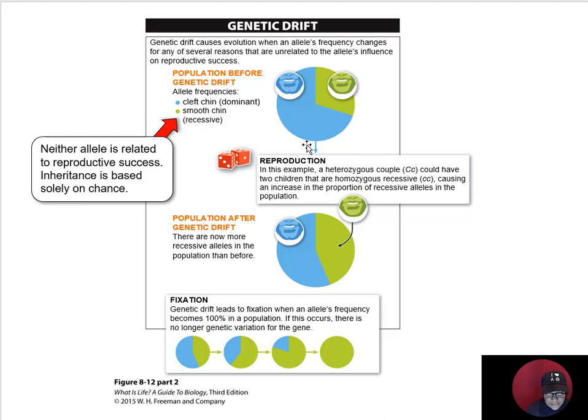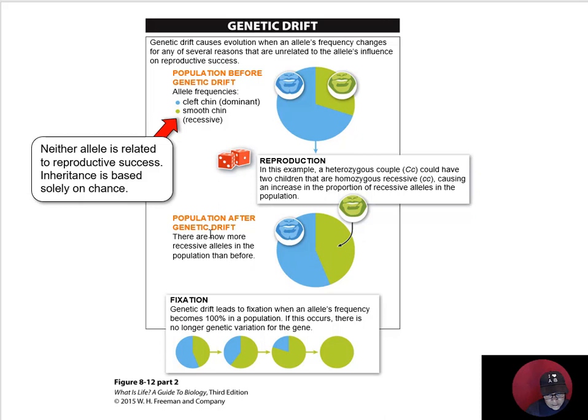Now, in this example, we have a heterozygous couple, which means the individuals have one of each gene, right? They could have 2 children that are homozygous recessive, causing an increase in the proportion of recessive alleles in the population, right? Because now we're starting to see more of the recessive alleles.